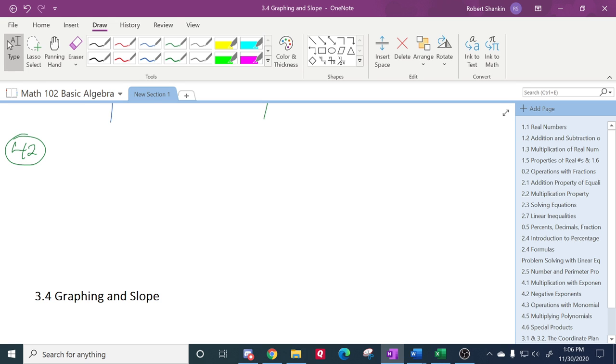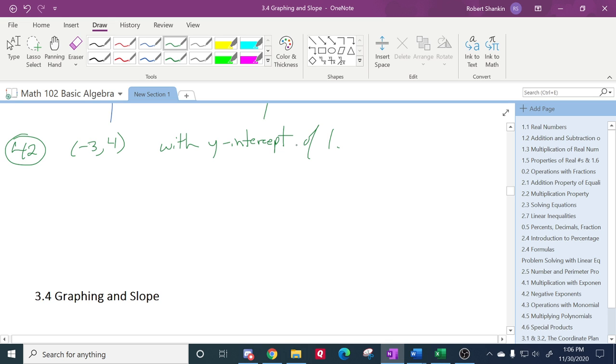Okay, so it says graph the line that passes through the point -3, 4 and has y-intercept of 1. What is the x-intercept?